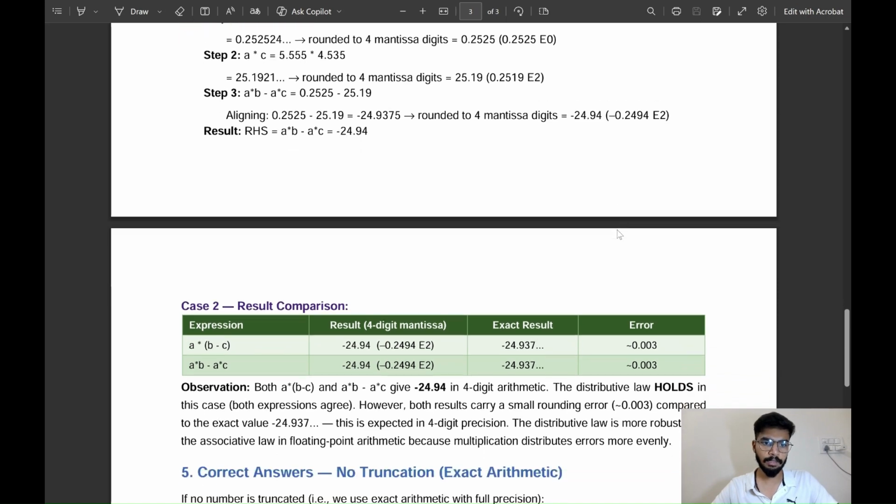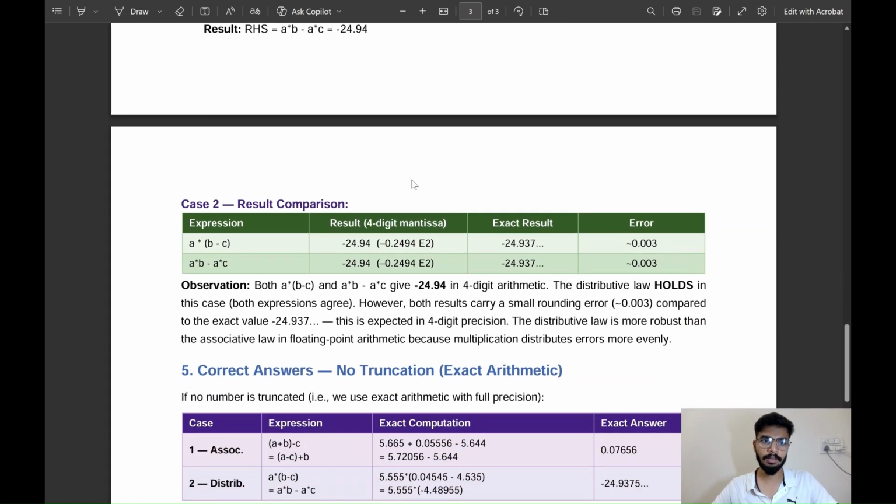So here we see our case 2 comparison. The expressions a into b minus c and a into b minus a into c both give minus 0.2494 e2, and the exact result is the same, with an error of minus 0.003.